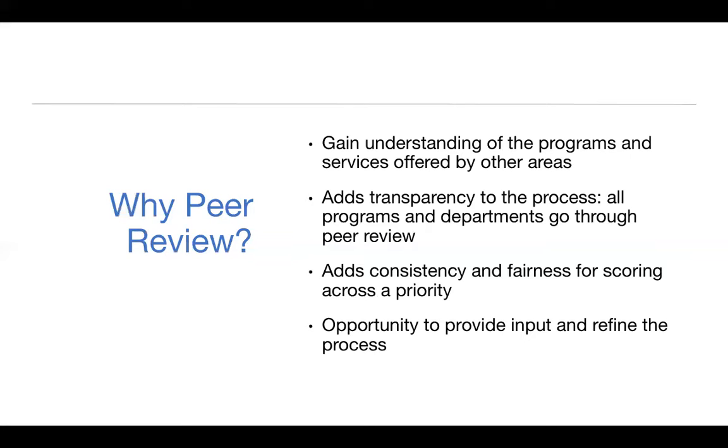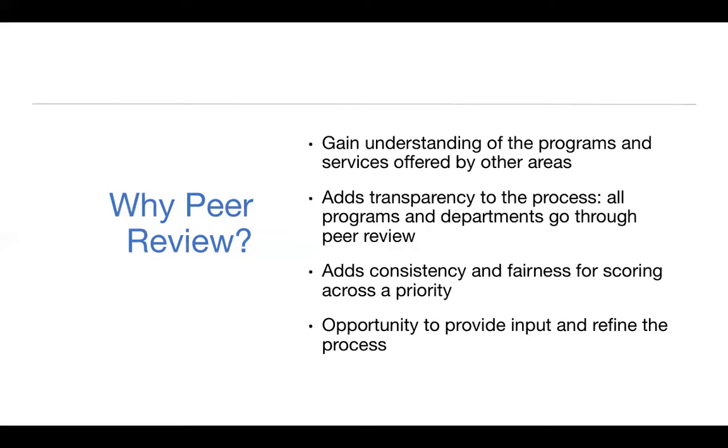This is going to add to the consistency and fairness because we're going to have the opportunity at this stage to look through the entire program inventory for your result area and see what list of programs fell with a score of 4, what had a score of 3, what had a score of 2, and look at it more holistically and say, we have 40 programs that scored a 4.